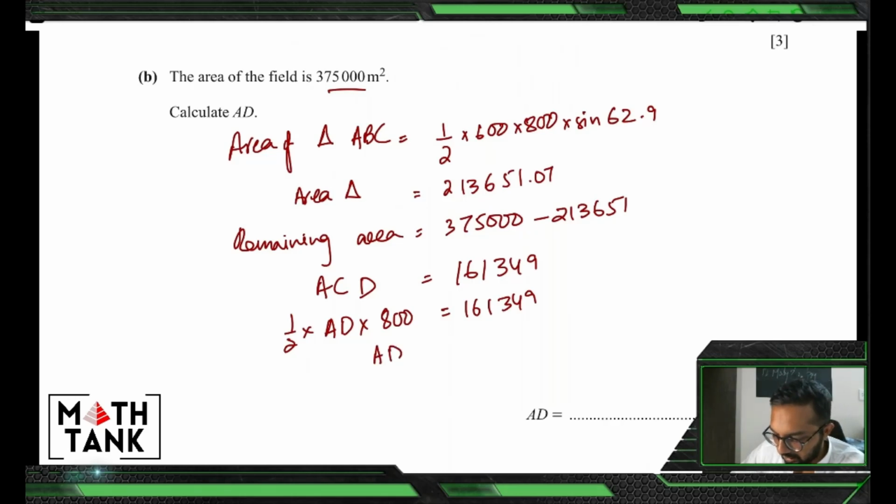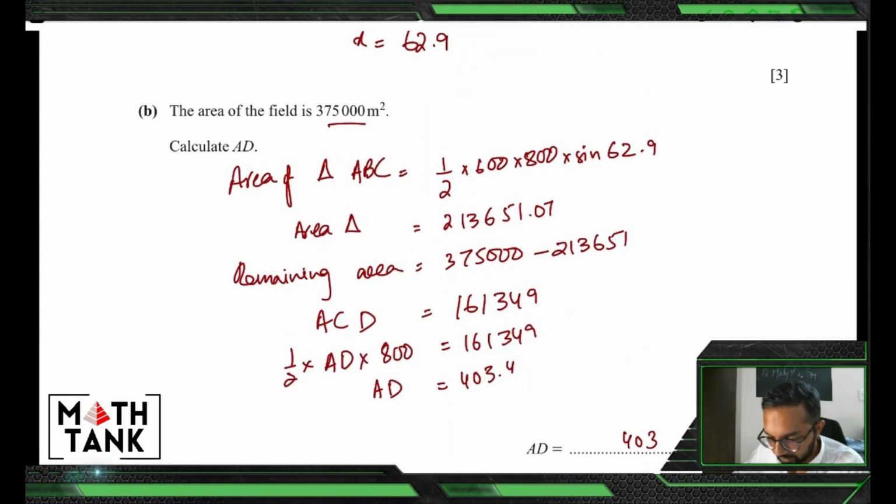So AD comes out to be 403.4. Oh, in fact, I needed correct to three significant figures, so I'm just going to write 403. My bad. Okay. So 403.